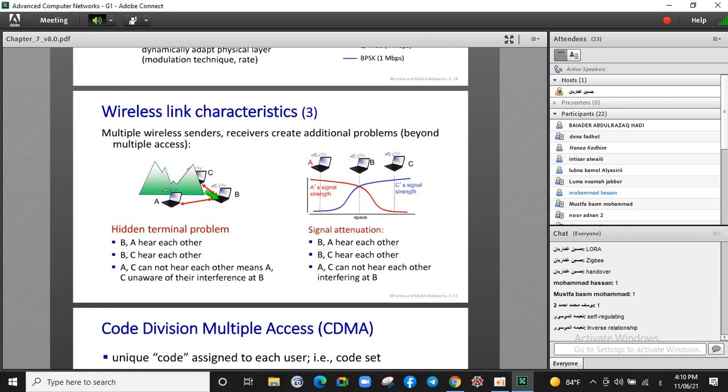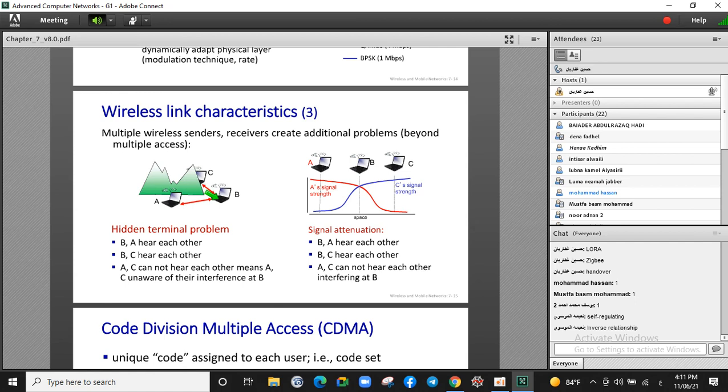And the result: the signal received at B is the consequent, or resultant, of both of those signals from A and C. The signals of A and C would be mixed together, and their resultant would be received by B. Okay?